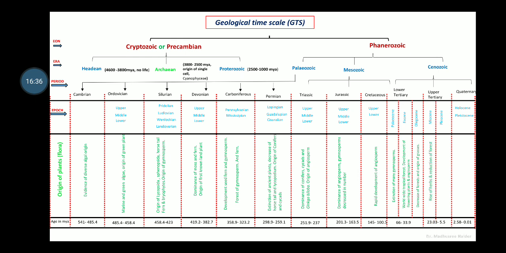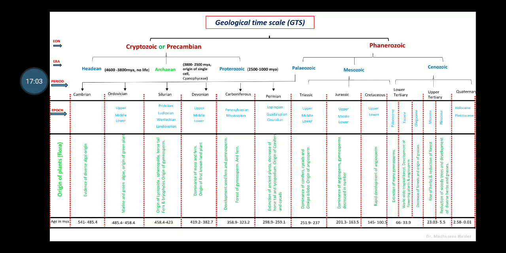Next is the Upper Tertiary period. Here, rise of herbs and reduction of forest, and some specialization of herbs is also found in this period. And in the Pliocene epoch, reduction of woody trees and development of diverse herbs and grasses were also found.